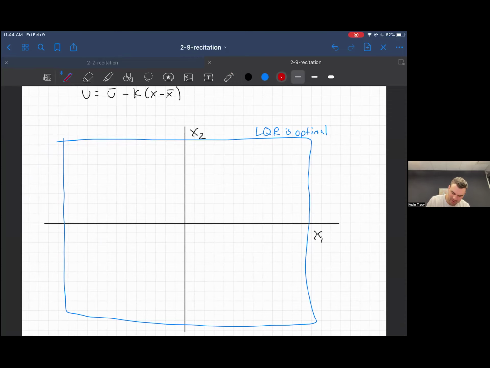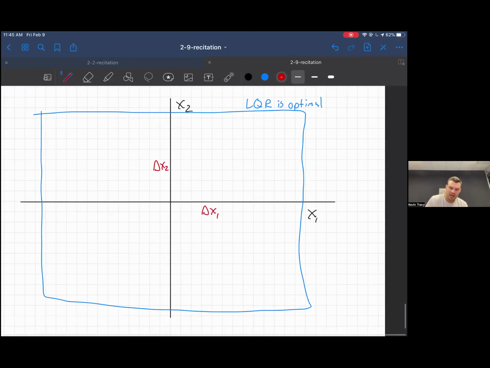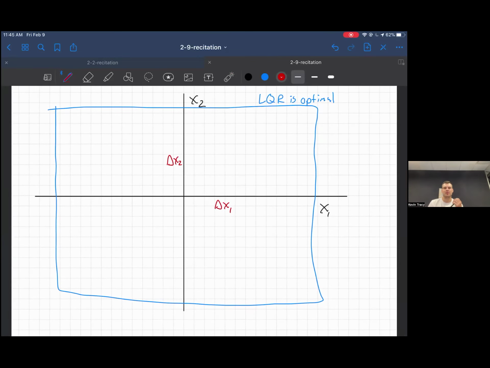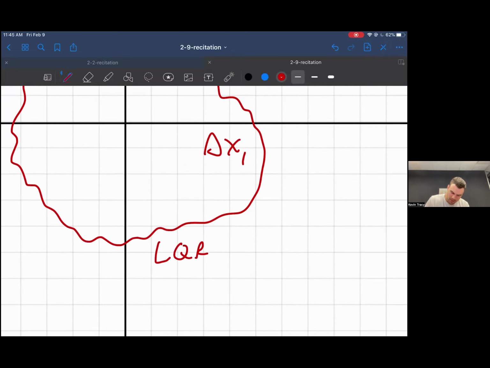Now, if instead I linearize my system and I'm using LQR for a nonlinear system, LQR is really only optimal where that model is true. So a very small region of the state space. So really what I get is just around where I linearized.